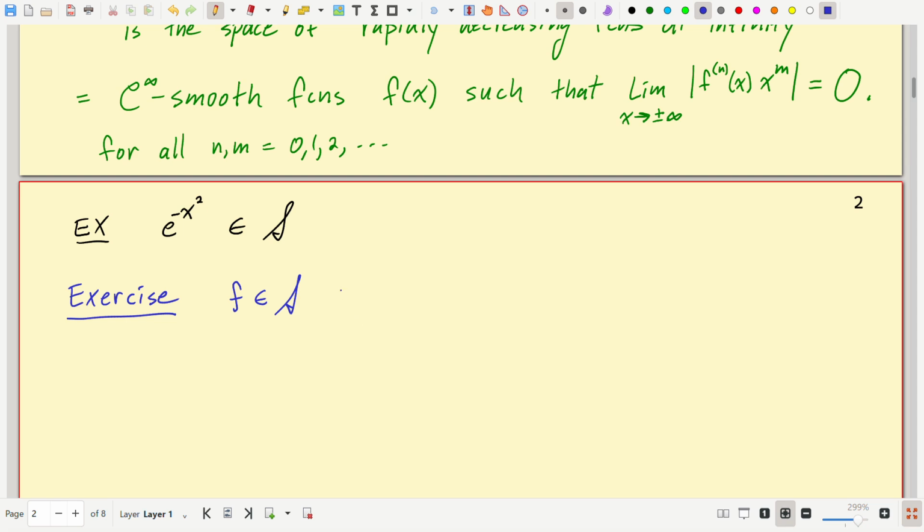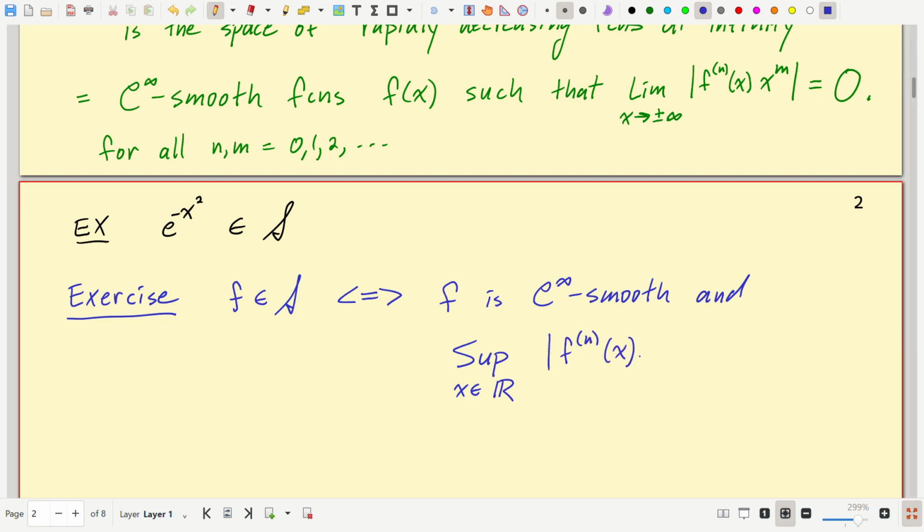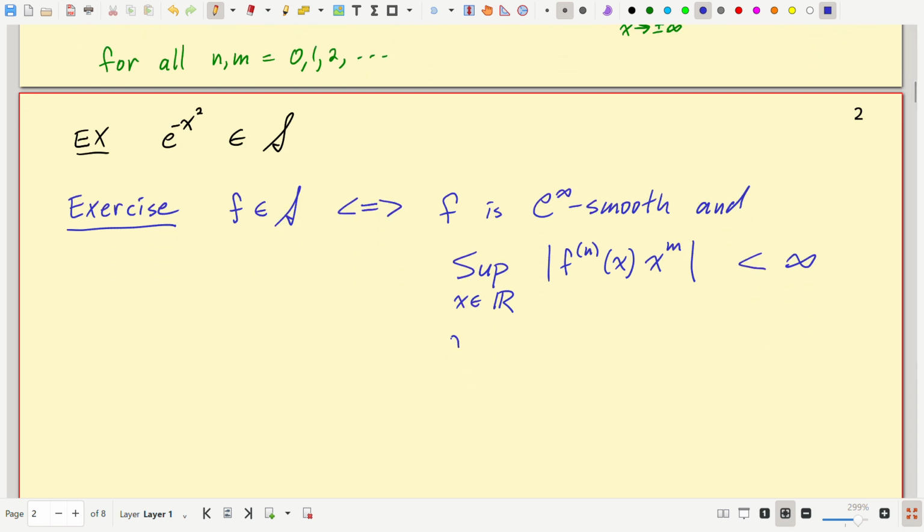So it's a simple exercise just using the definition to see that a function is in the Schwartz space if and only if it's C infinity smooth and these things are bounded. So the sup on the real line of take an nth derivative and multiply by a power, that sup is finite for each n, m, as n and m go from 0 to infinity.